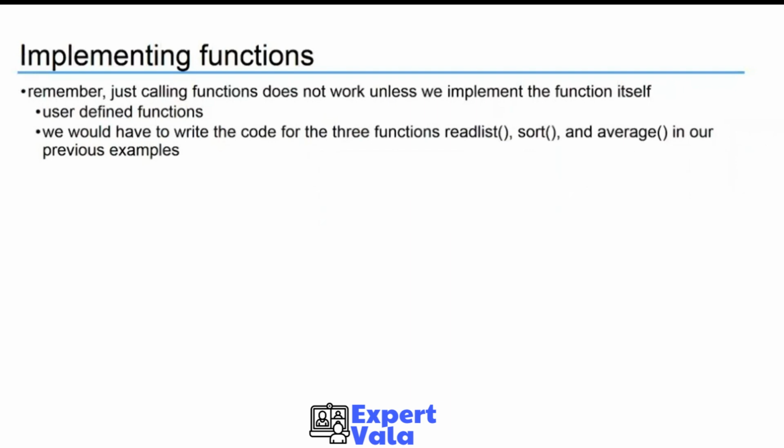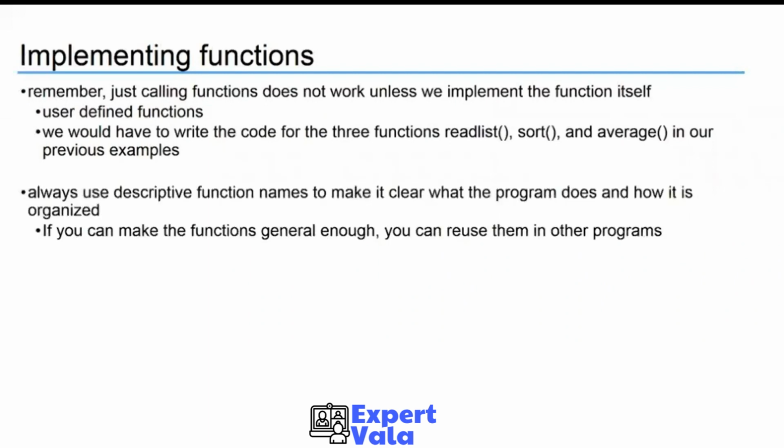We would have to provide a function header and a function body that actually does the reading of the list, the sorting of the list, and the averaging of the list. We are not done just by defining a function, we have to implement it. And when you implement a function, you always want to use descriptive function names to make it clear what the program does and how it is organized.